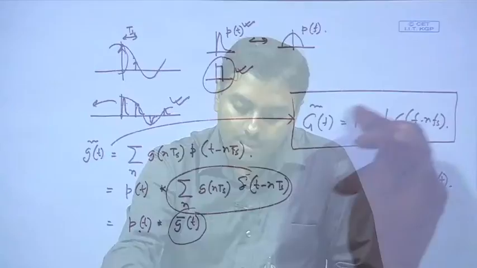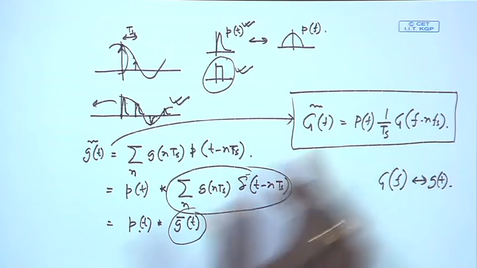Now, we are seeing that if we have a non ideal, non impulse pulse train, then the overall Fourier transform has to be multiplied by the Fourier transform of that pulse.